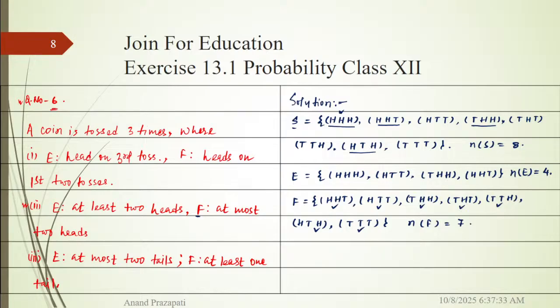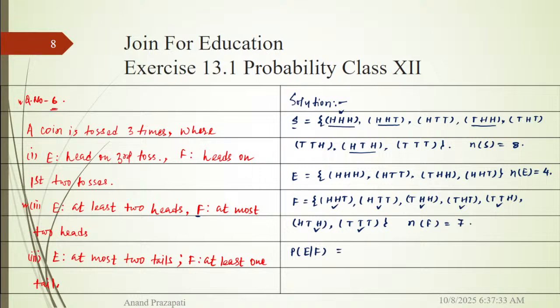Now we find out the probability of E by F. We also read this as the probability of E when F has taken place. So this is the conditional probability.